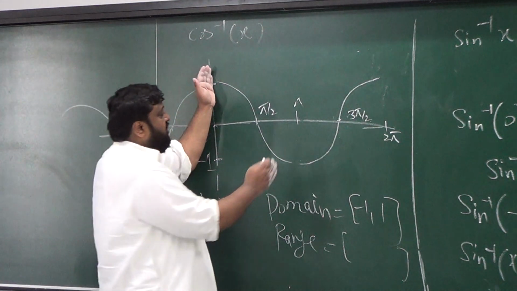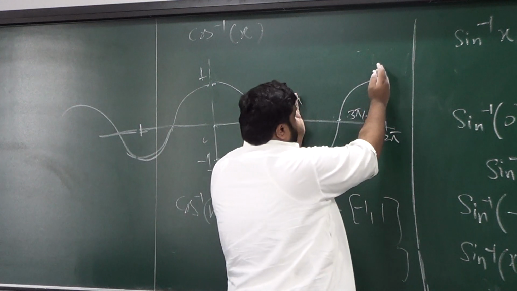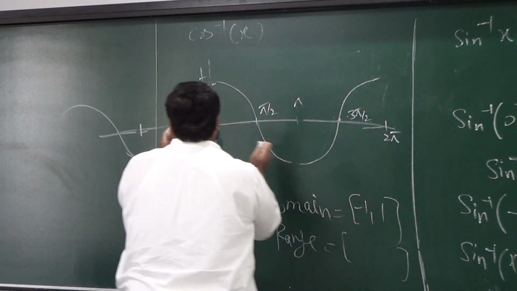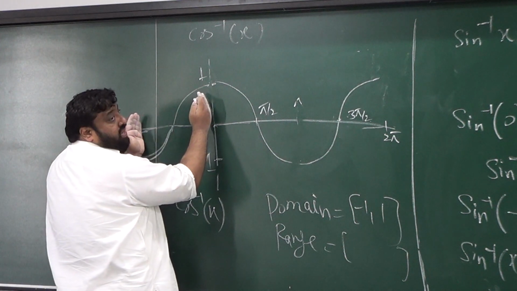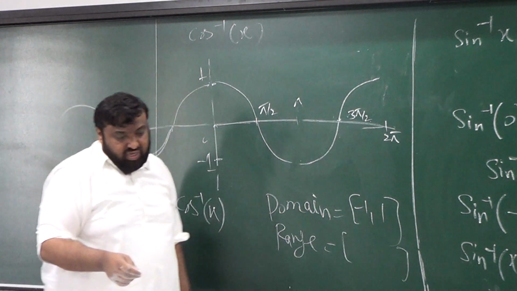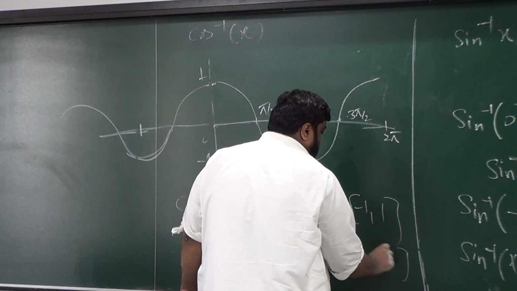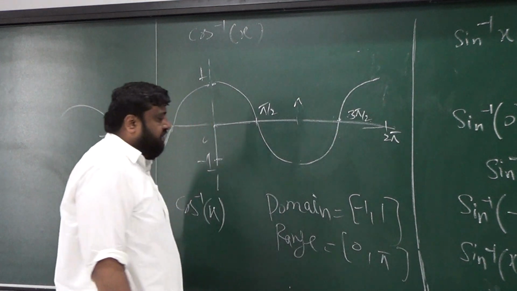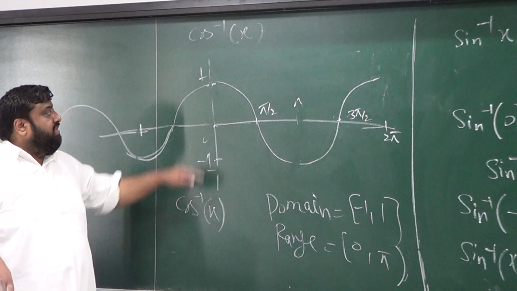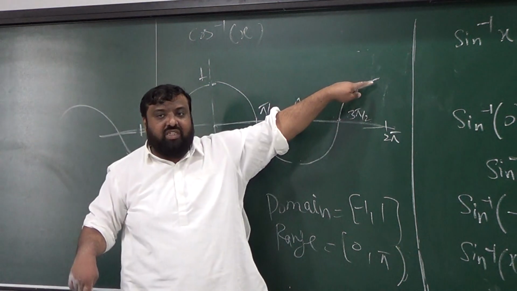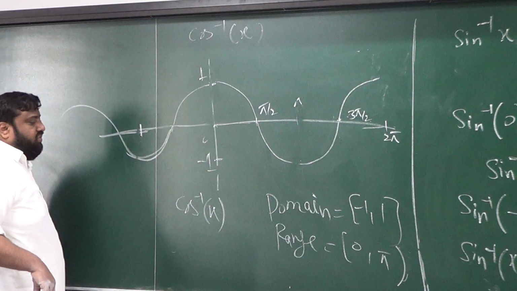It could be between 0 to pi, it could be between pi to 2 pi, it could be between negative pi to 0, and so on and so forth. So the range of this could be 0 to pi. I think we must exclude this pi from here, otherwise 2 points are going to have the same output. So we should exclude the pi from it.